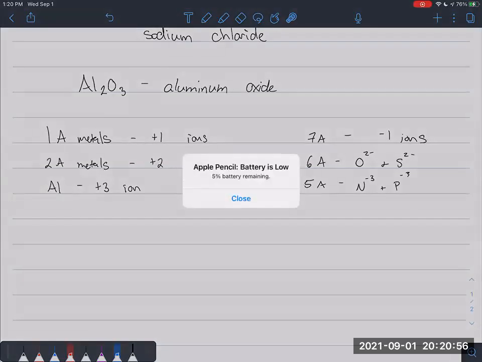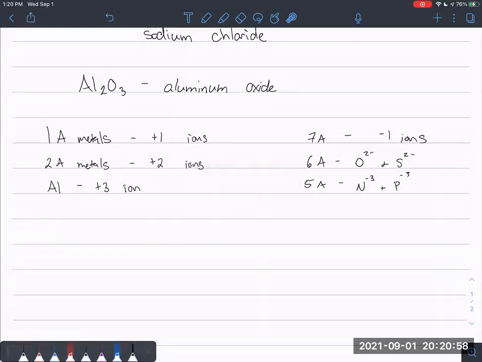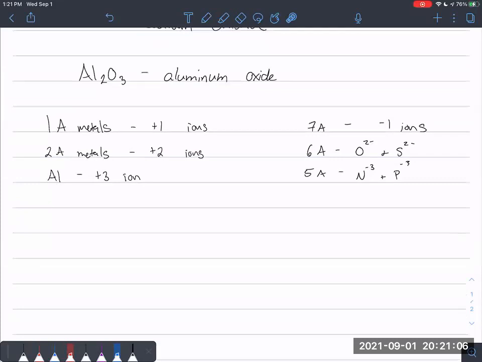We know then that we don't need to worry about saying trioxide because we know how many oxides there are, because compounds are always electrically neutral.